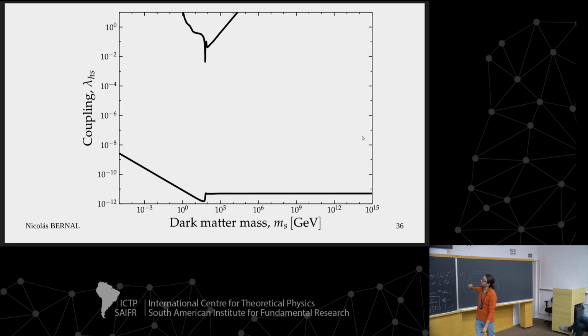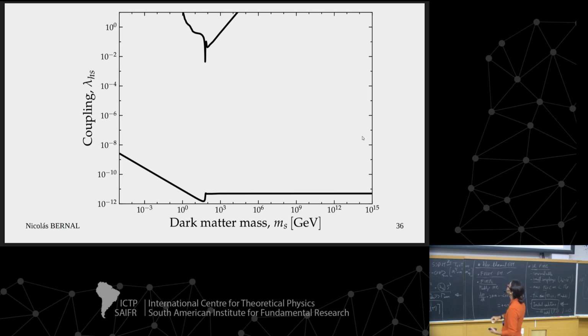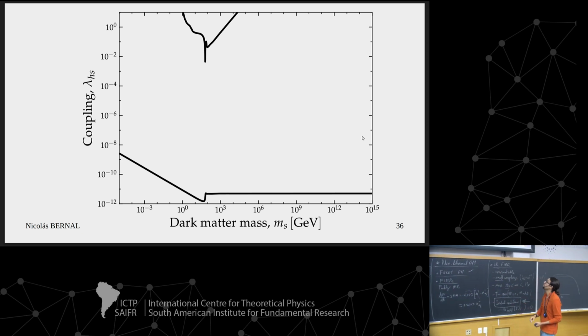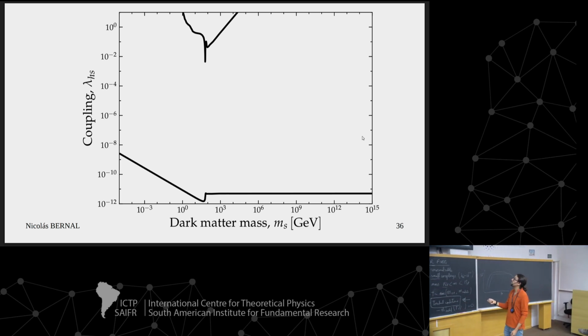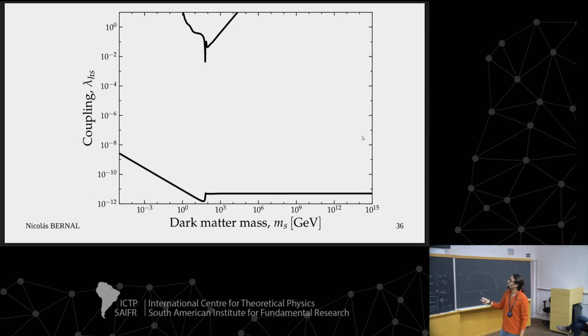So this plot is basically vertical cuts, right? I'm varying the coupling for a given dark matter mass. Just to emphasize the same point, WIMPs is order 1, and you have to be in the range of GeV to TeV. FIMPs, so non-thermal production, happen at much smaller values of the coupling and for a huge range of masses.